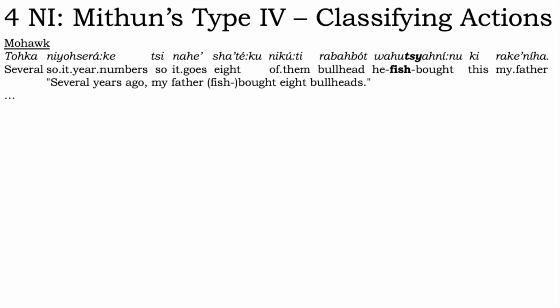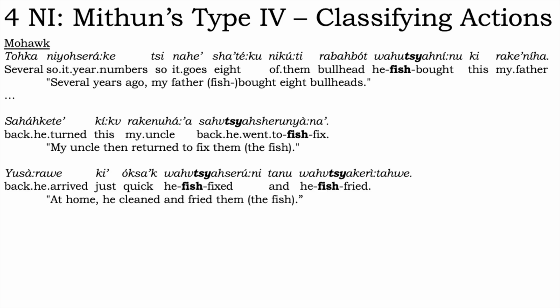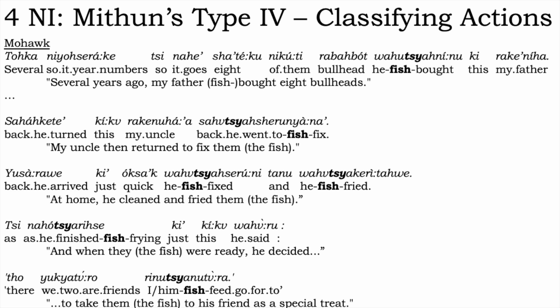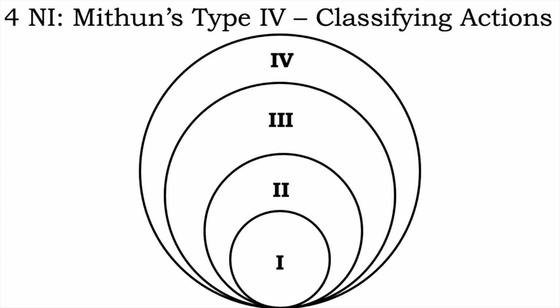The story continues, telling of how the speaker's uncle found and caught the fish, and then in all these subsequent sentences, the bullheads are referred to only through the incorporated noun root its, functioning as something of a classifier. Mithun reports that languages with productive use of type 4 noun incorporation will have all of types 1, 2, and 3 as well.